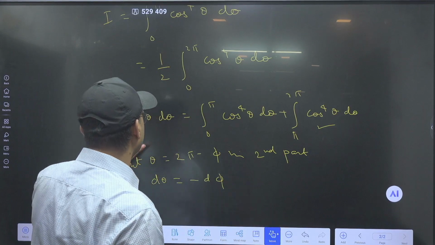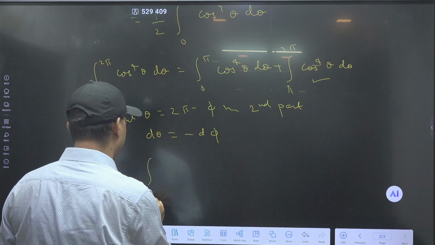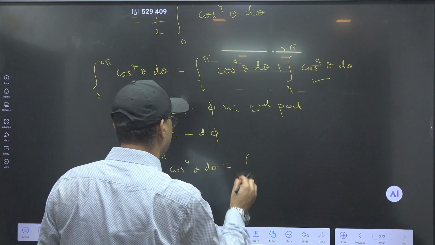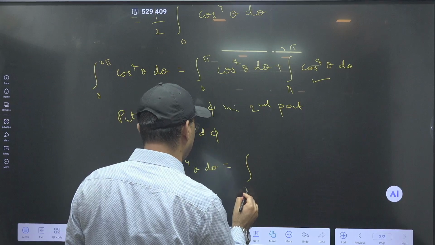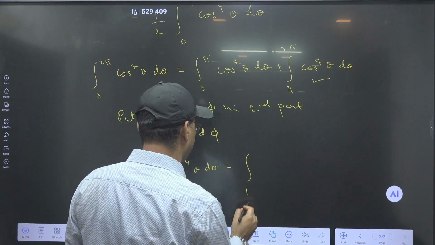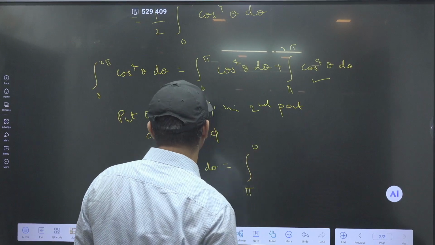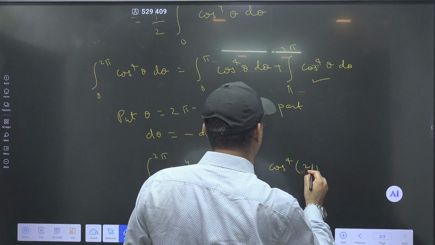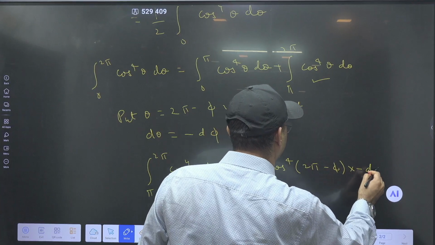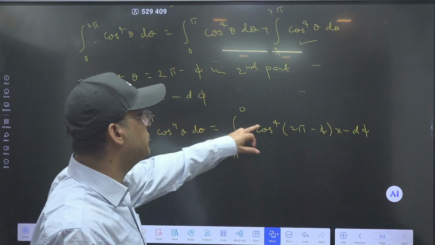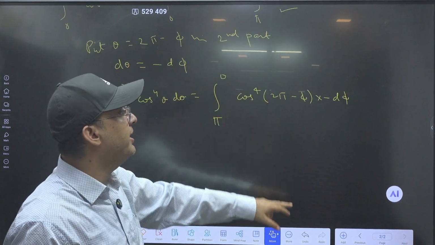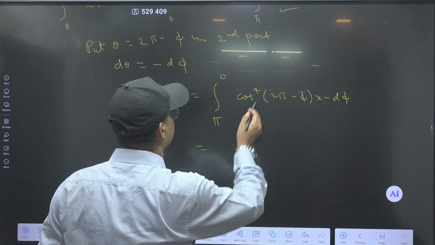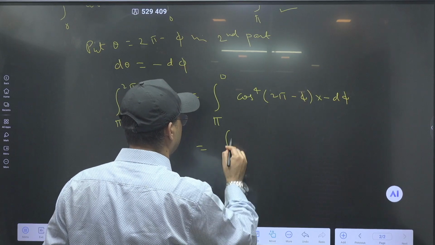So you see here, I can write this pi to 2 pi cos to the power 4 theta d theta is equal to, now this is your 2 pi minus phi is pi, 2 pi minus pi is 0, okay, and this can be written as cos to the power 4 2 pi minus phi and minus of d phi. If you break cos 2 pi minus phi, what is it? It's cos 2 pi cos phi, and cos 2 pi is 1. So anyway, this is power of 4, this minus can be converted.